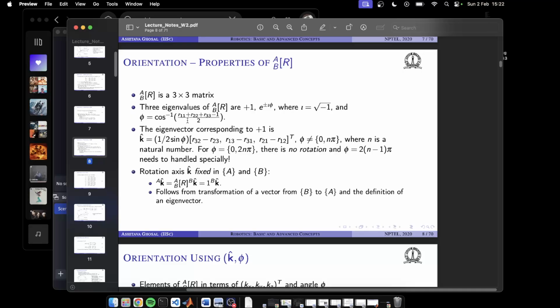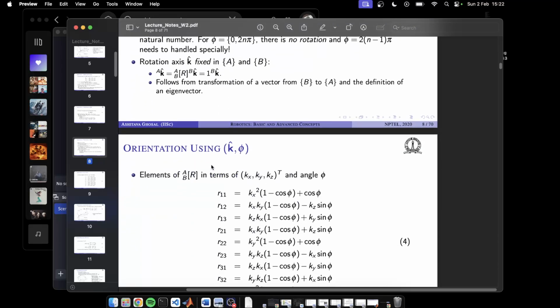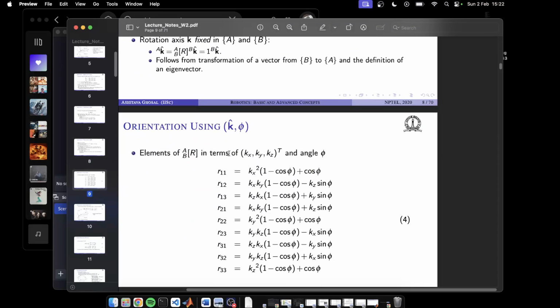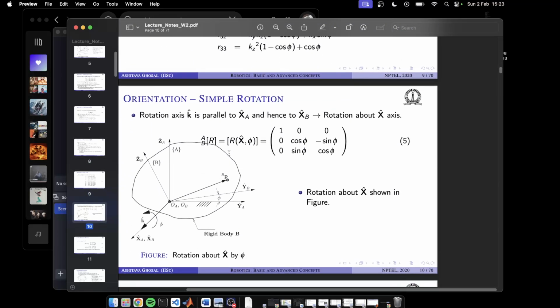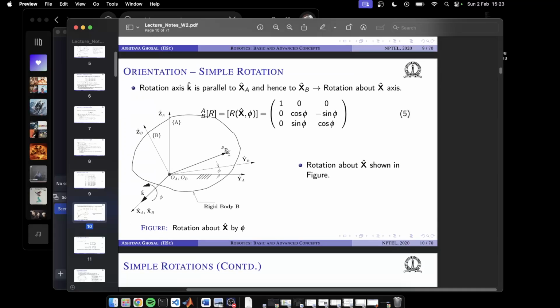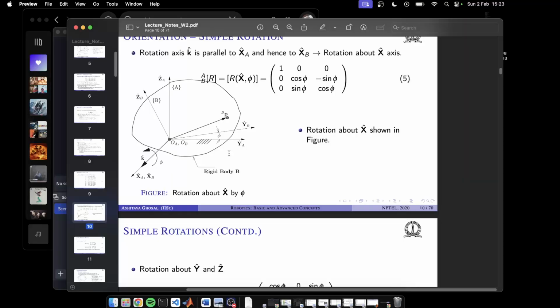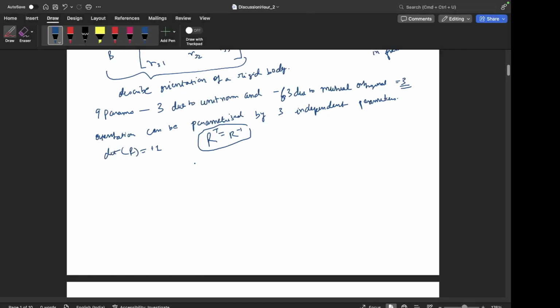And there are a few other things which we will discuss when I describe an example, right? But briefly, this is about rotations, and then we discuss the elementary rotations, right? So the elementary rotations are rotations about either just the x-axis, the y-axis, or the z-axis.